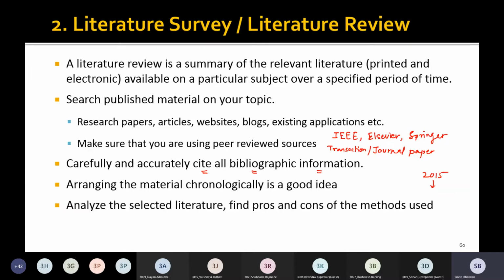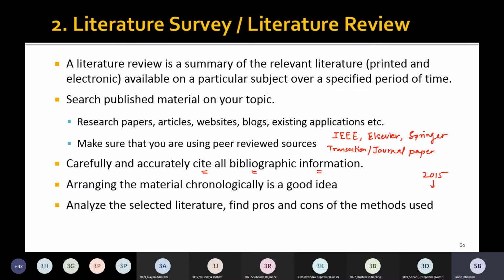But what usually happens is, as we move on to implementing the project, we continuously go on referring to the available material. So in due course we find new material, new literature.